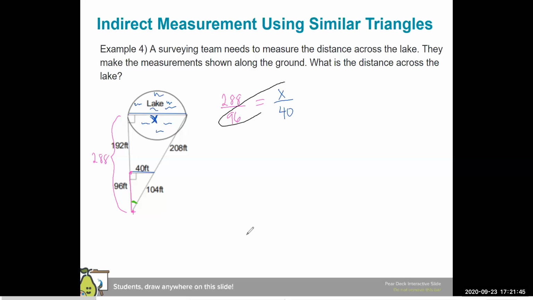So now I have enough information to solve my proportion. I'm going to go ahead and cross multiply. 288 times 40. I'm not going to be able to do that in my head. So calculator time.